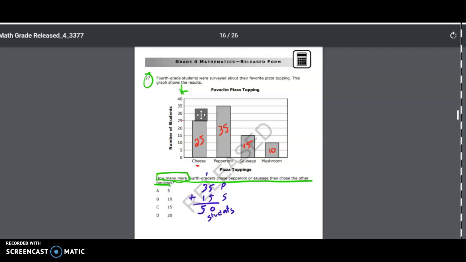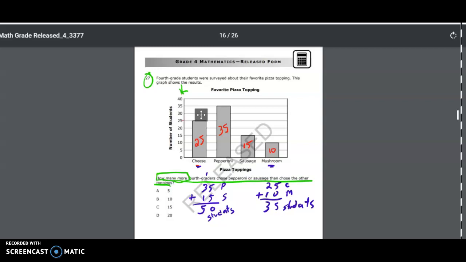Okay, you have to combine those. And now you have to figure out the other toppings. We have to do the same thing and add the other ones up. So now we're talking about cheese and mushroom. You've got 25 for the cheese and 10 for the mushrooms. We're adding those up: 35. Okay. So we have to find the difference between the two.